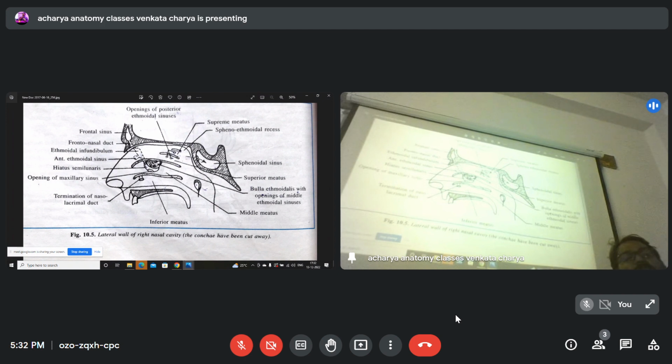Sphenoidal air sinuses open 1.25 centimeters posterior to it.